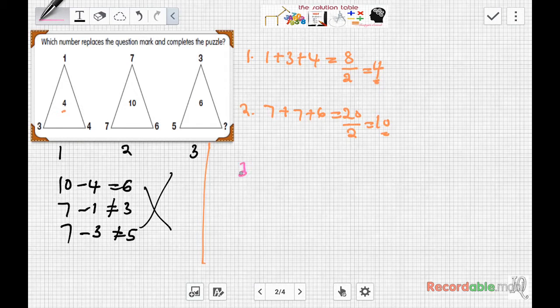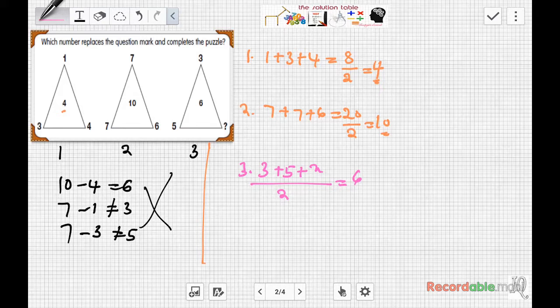Okay, so you can see that we are going to add 3 to 5 and then to the unknown number and divide all by 2, and that should give us a 6. So having 3 plus 5, let's use x in place of the question mark, all divided by 2 should be equal to 6.